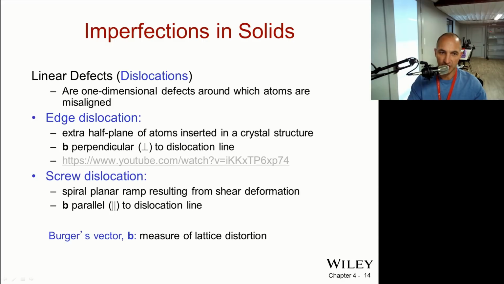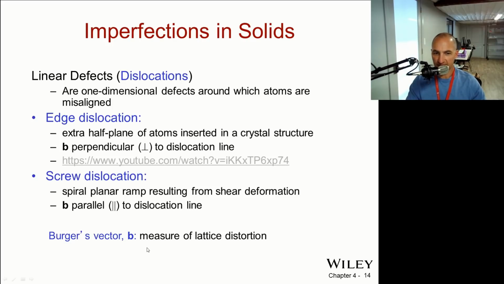There's the edge dislocation, which has an extra plane of atoms inserted into the crystal structure. We'll talk about what this b is, but the b is perpendicular to the dislocation. And then you have screw dislocations, which are a spiral planar ramp resulting in shear deformation. In this case, the Burgers vector is parallel to it.